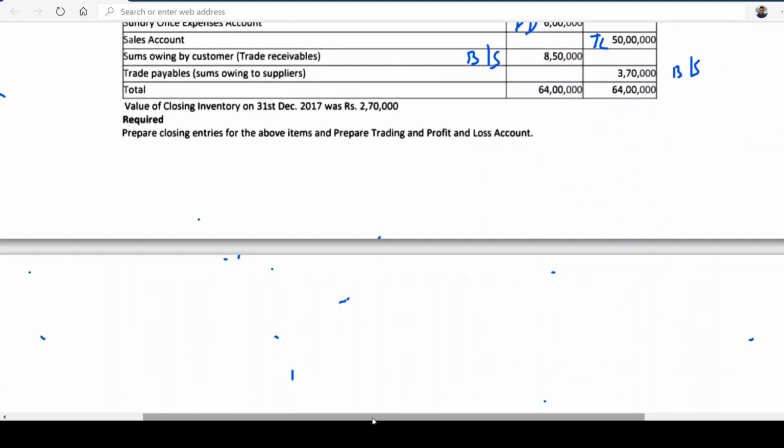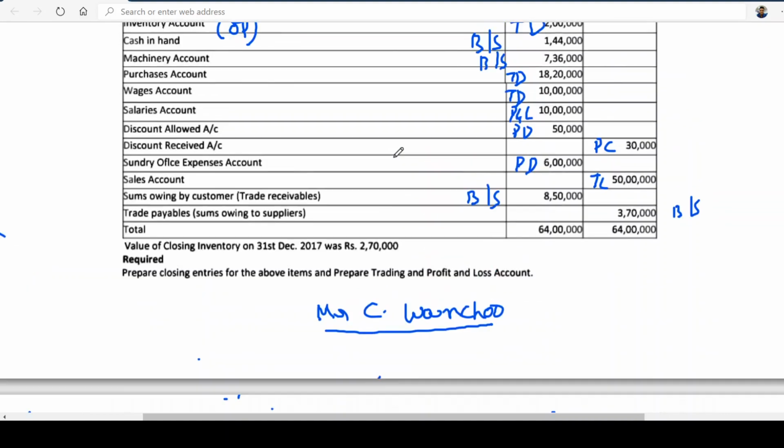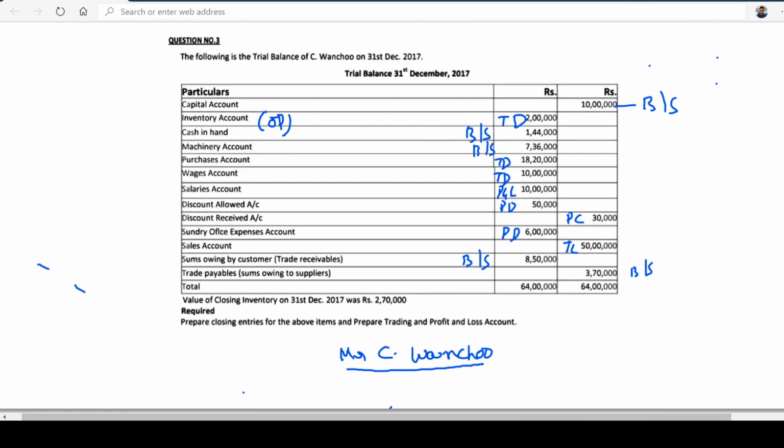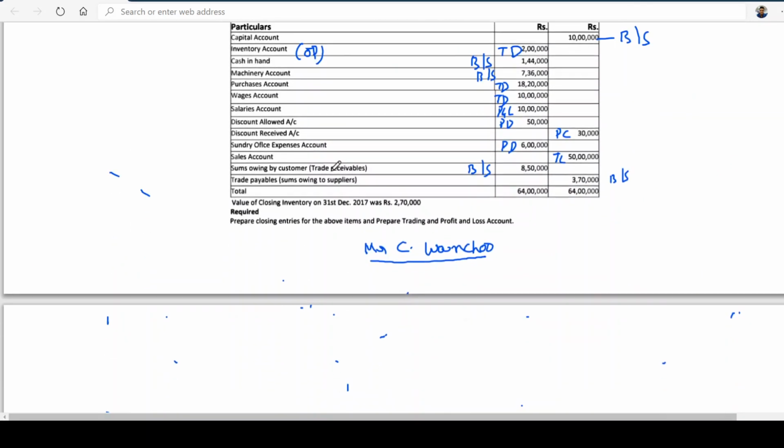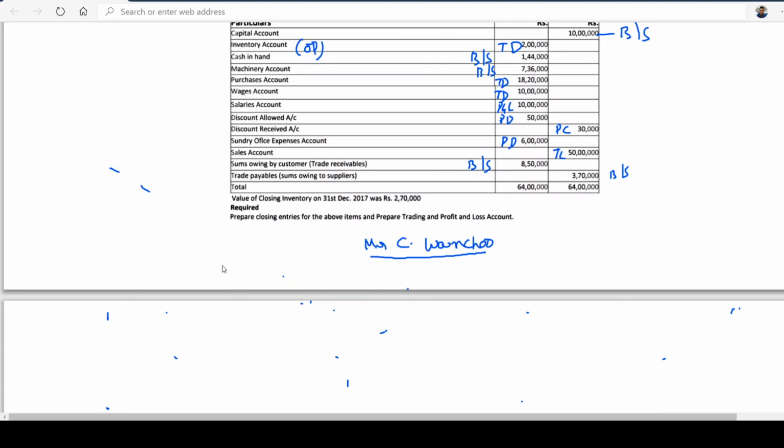Okay, so we are writing the combined entry now. What is the name of the proprietor? Mr. C. Wanshu.